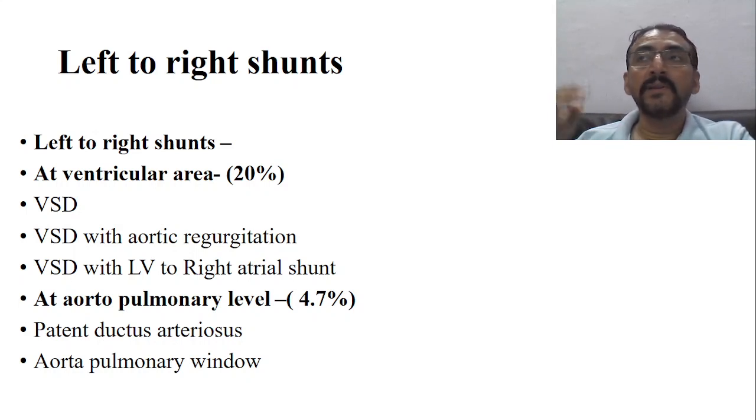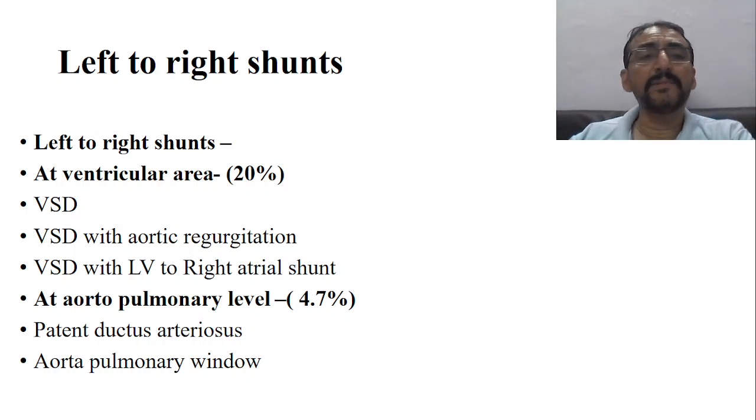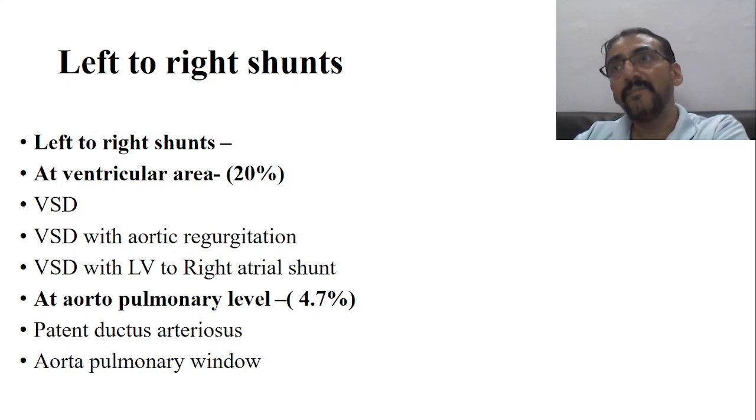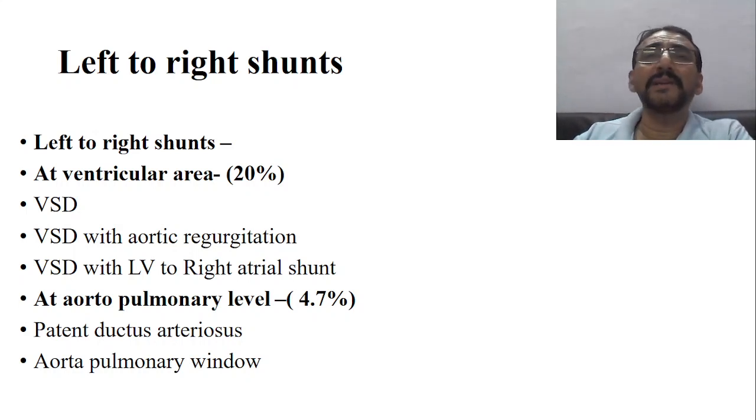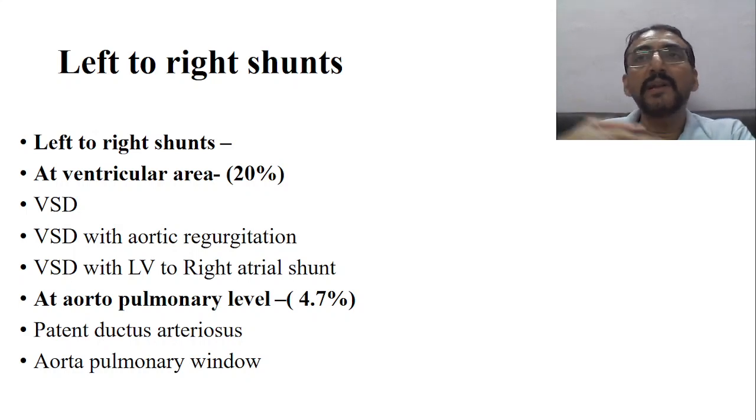Now there are three presentations of this VSD, which is one of the most common causes of acyanotic heart disease. The first presentation is typical VSD. The second presentation is VSD with aortic regurgitation. VSD is there, along with aortic regurgitation. That means when the ventricle is contracting, blood is passing from the left ventricle through the shunt.